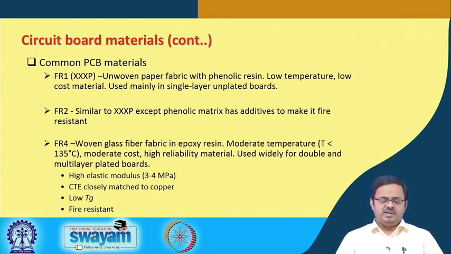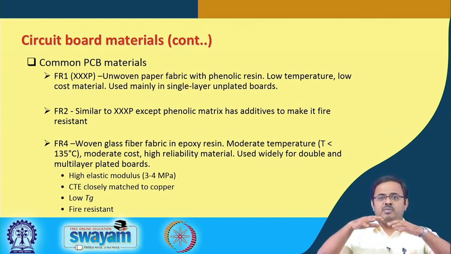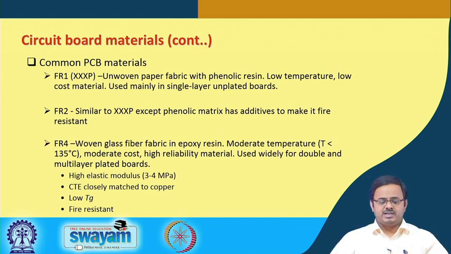Some of it I have written here: low glass transition temperature, fire resistant, CTE closely matched to copper. This is important because the laminate is going to have copper traces in between. So, if the CTEs are very different, then it is going to have a problem. It may lead to buckling or bending because of differential expansions. So, CTE is closely matched to copper, and the elastic modulus is also quite high, 3 to 4 megapascals.